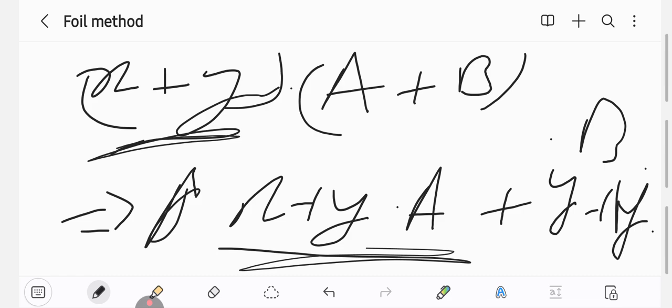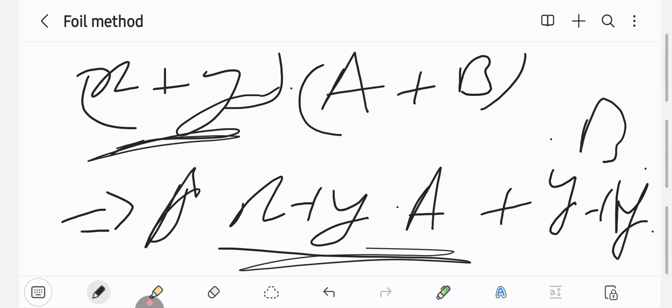Now if you write x plus y times a, it means a was added x plus y times instead of x plus y was added a times. It's really confusing, but it's really easy when you understand.